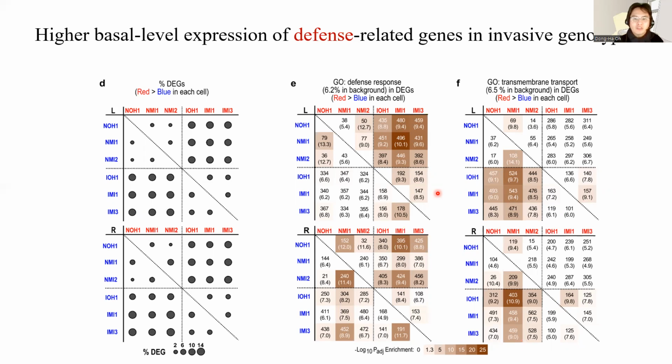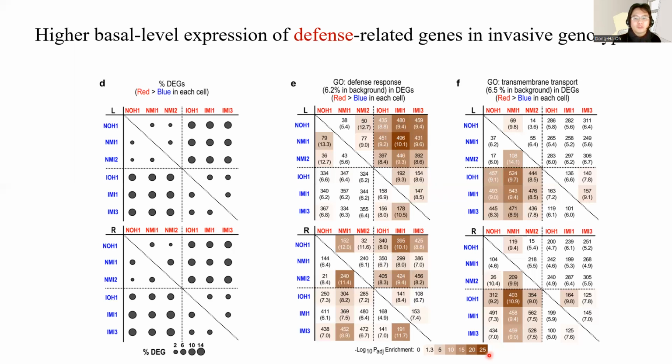This was a little bit surprising because we expected to see more differences in genes, for example, controlling the height or the growth rate or photosynthesis that make the invasive subspecies bigger than the native ones. But the biggest difference we are seeing is in the defense related functions that are involved in the plant responses to other organisms.